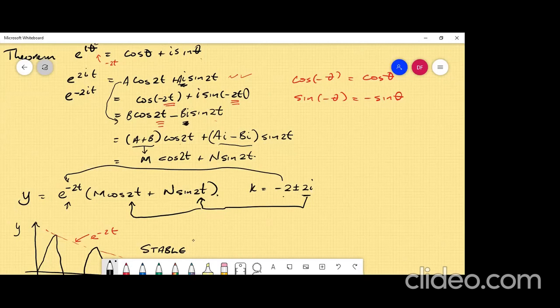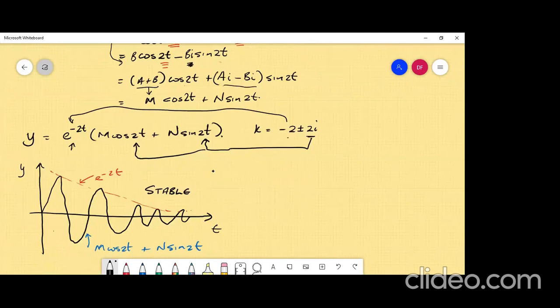So we're saying that if you sketch a graph, this part here is oscillatory, and this part here is exponential. So it is going to look like this, but it's an exponentially decaying graph.